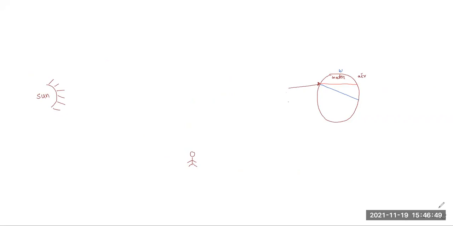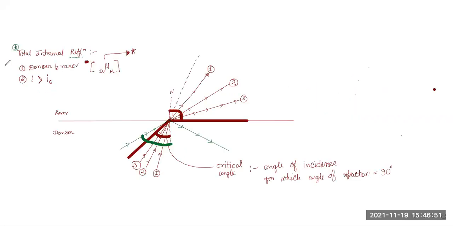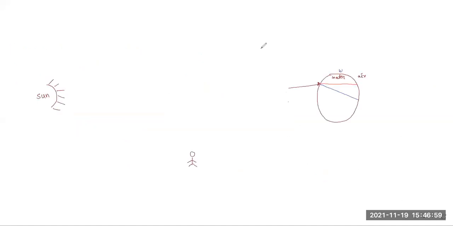So the first condition is satisfied. If the second condition is also satisfied, then and only then does this ray reflect completely.